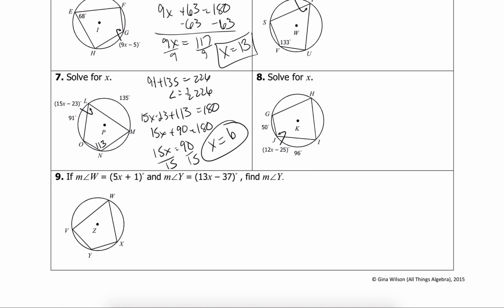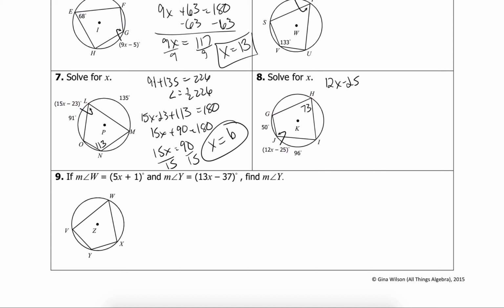Okay, very similar in number 8. I've got this angle H here, and angle H opens up to this 50 plus 96, which is 146. And half of that is 73. So this angle H is 73. So I'm going to say 12x minus 25 equals 73. Oh, just kidding.